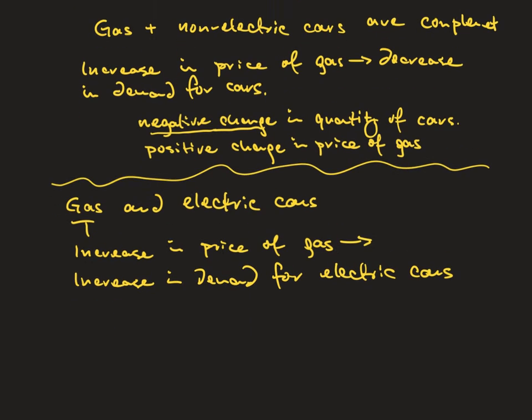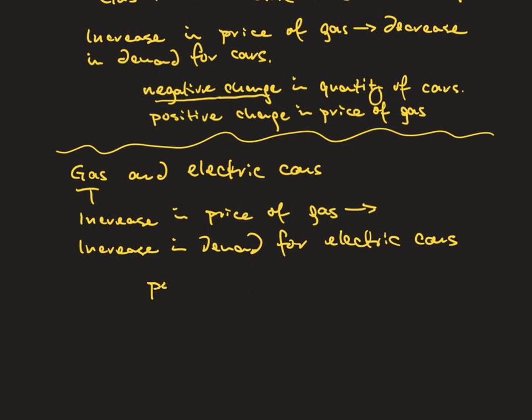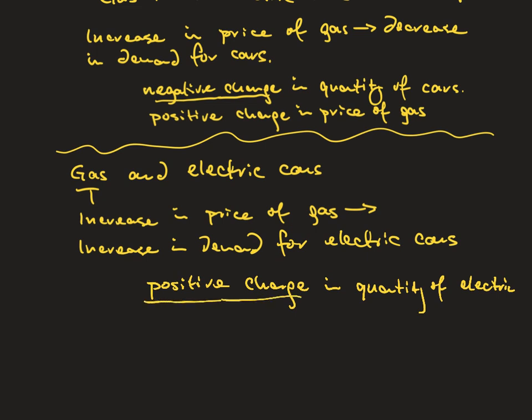So when we calculate that cross-price elasticity, it's a positive change in quantity of electric cars divided by a positive change in price of gas.